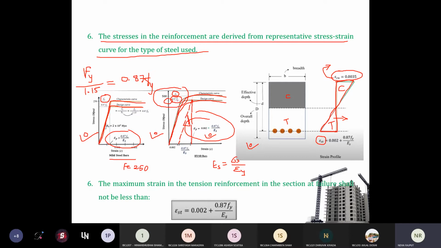Your stress value here is 0.87 Fy, so 0.87 Fy over Es. Take this here and bring Es down. So this will form my strain value. So I got one strain equation from this point to this point, from here to here.